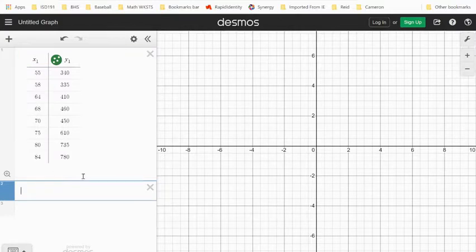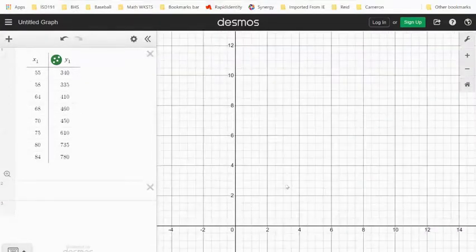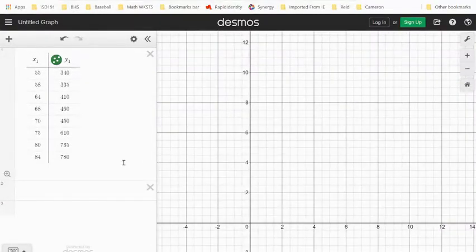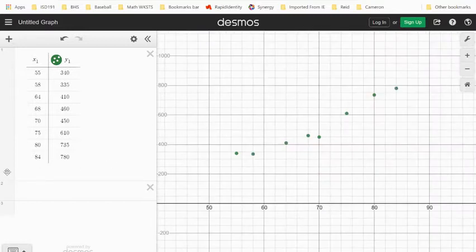So after we enter our data, the next thing we want to do is view what it looks like over here. So to see what our scatter plot looks like, you can try to move things around or zoom out. What's actually easiest is just click this little button here called Zoom Fit, and it will move the screen for you. So we can see here that the data appears to increase or rise as you move further to the right on the graph.